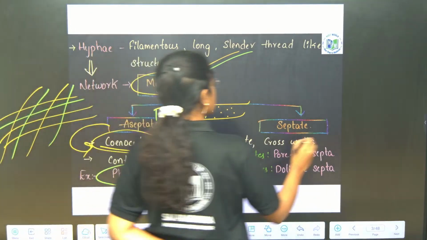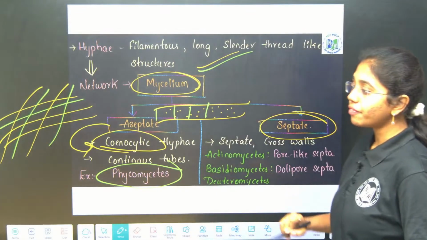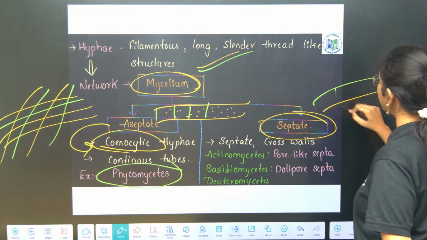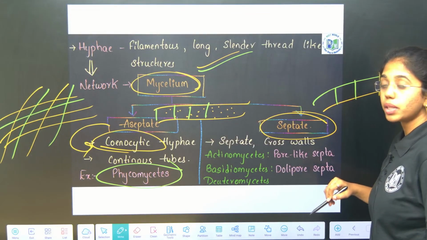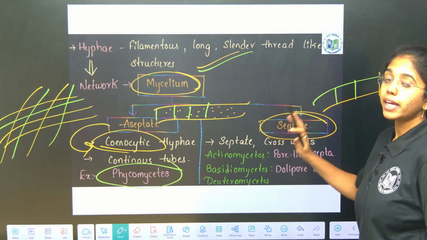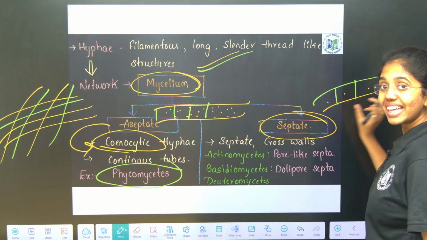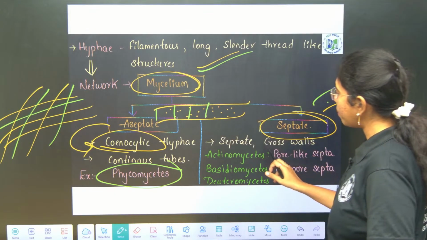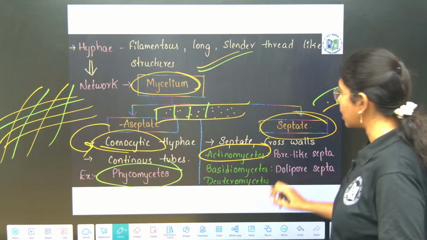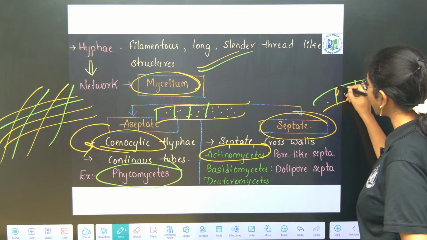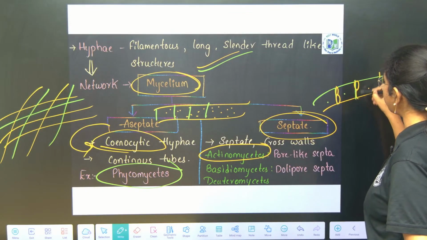Second is what? Septate hyphae. Septate hyphae will have cross walls in between them, and there is no multinucleated or cenocytic condition. Single nucleus is present in each tube. For example, Ascomycetes will have what type of septa? Pore-like septa.